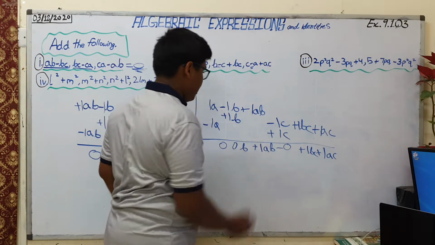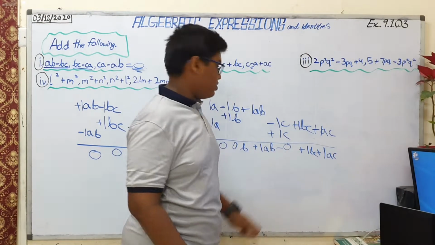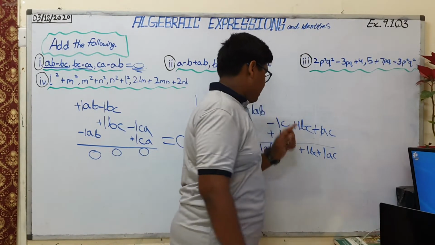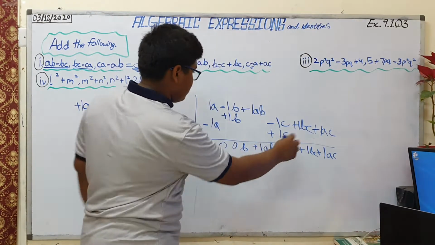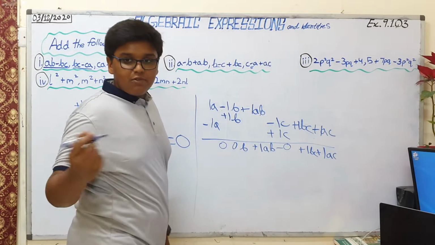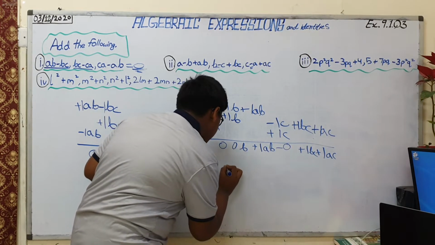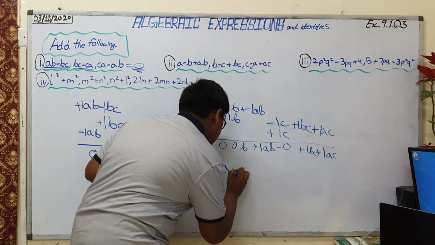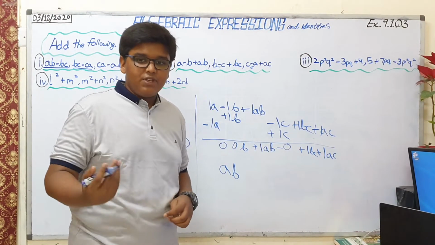Then plus 1 as it is, then minus 1c, then plus 1c, which is equal to 0c, then plus 1bc, which is equal to as it is, then plus 1ac, which is equal to as it is, which is equal to plus ac. Then the final statement for this is AB. Remember, I would like to say a point, it's in your wish.